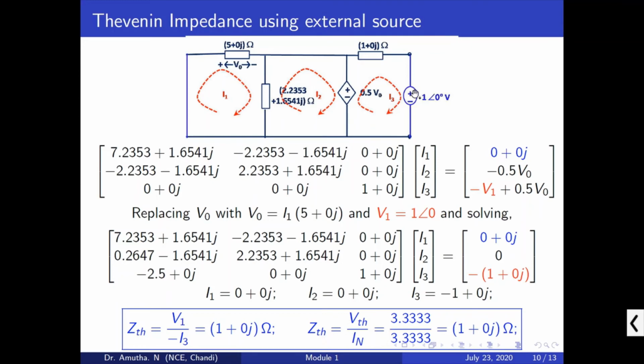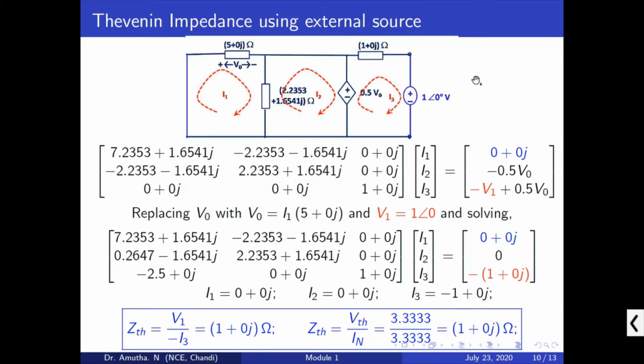Another method is we can apply an external voltage at the desired node, making all the independent sources removed from the network. So we are removing the independent sources and applying some desired known voltage at the desired node. After that we find out what is Z Thevenin.